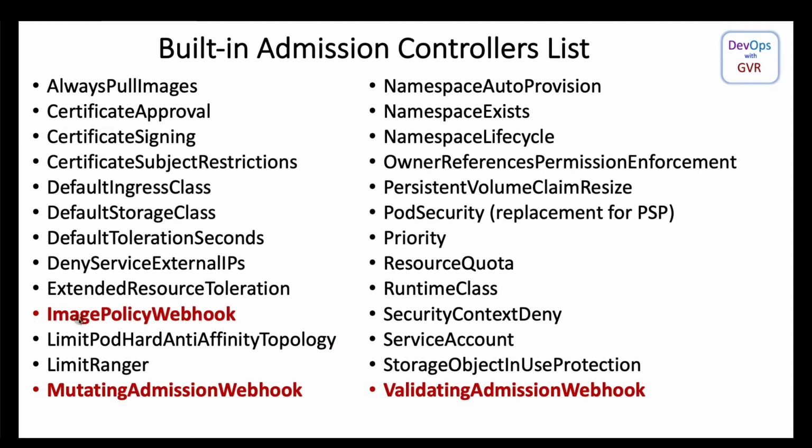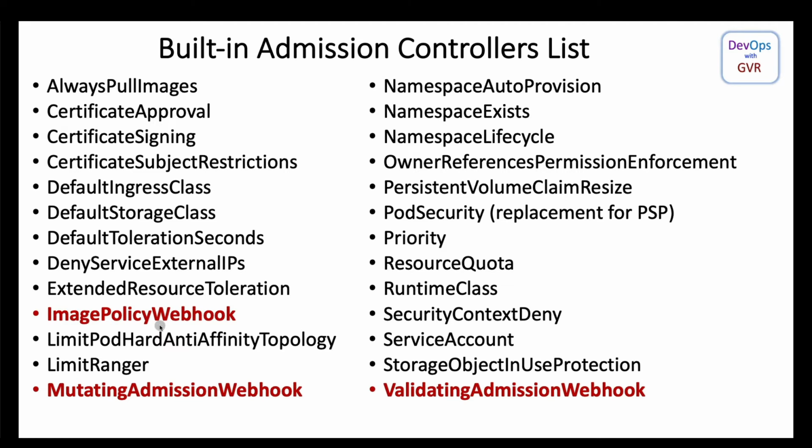Among all of these admission controllers, there are webhooks. If you look here, image policy webhook, mutating, validating. These are ending with webhook. Just notice, these admission controllers are a special type. I would say these are the customizable admission controllers, where the suffix is webhook, meaning it is not only an admission controller, but it also allows you to define a customized controller, right?